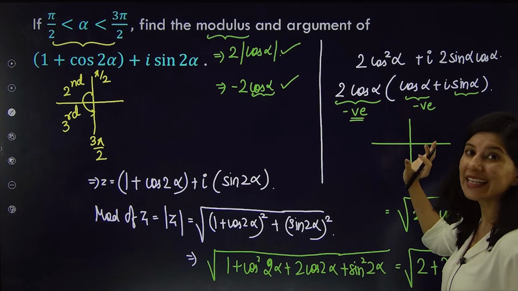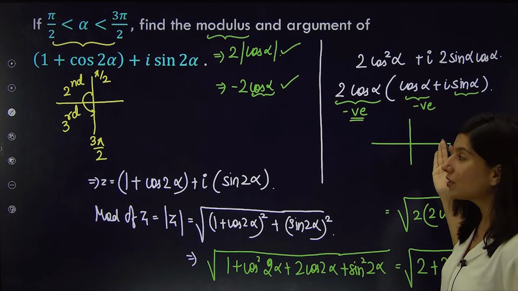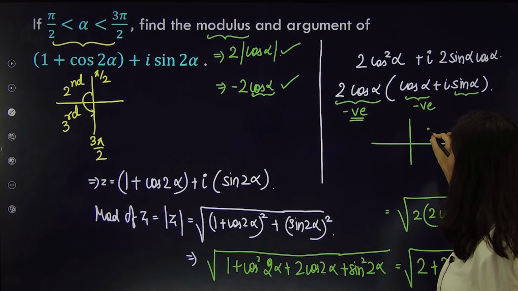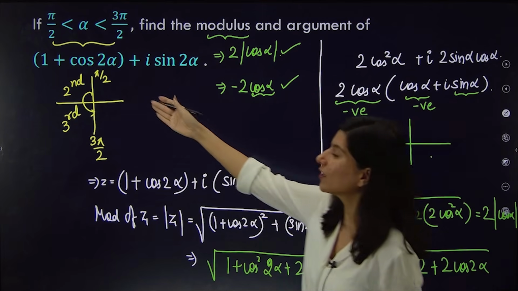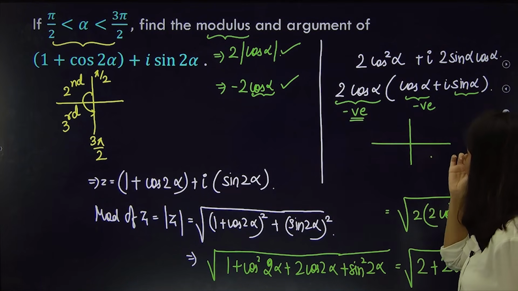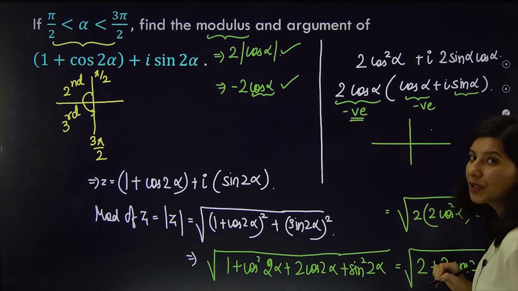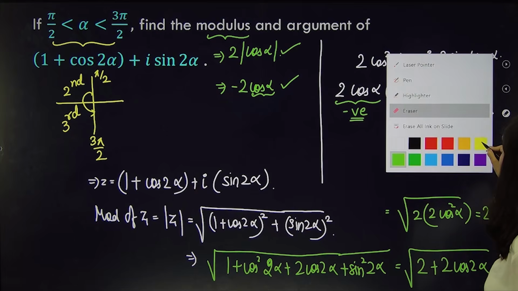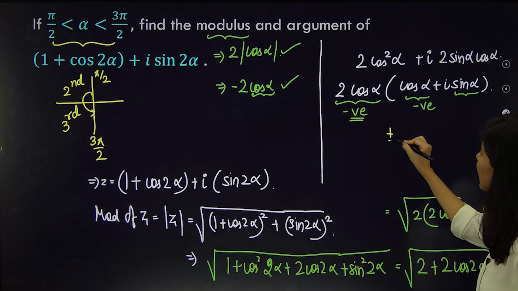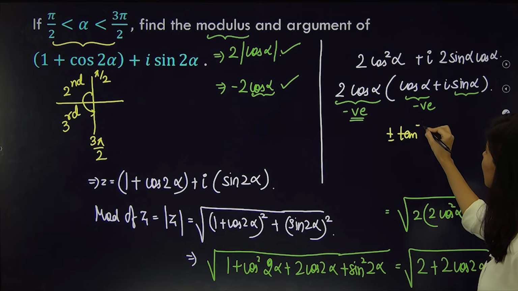That means your x is positive, so the point lies either in first quadrant or fourth quadrant, because sin alpha can be positive or negative. So it depends on sign. In first and fourth quadrant, you know that the angle will be plus minus tan inverse y by x.